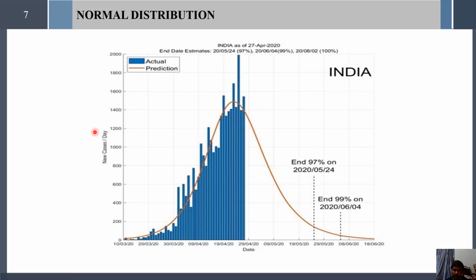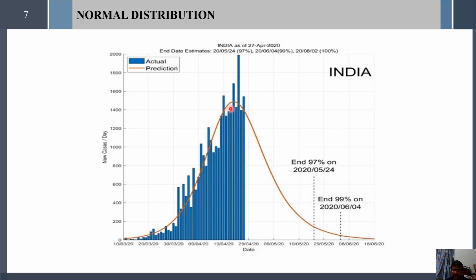This is the corona effect, with the number of cases recorded, in hundreds, as of April 9th, April 19th, and today's 20th April 2020 record in India. This is actual, and this is prediction.